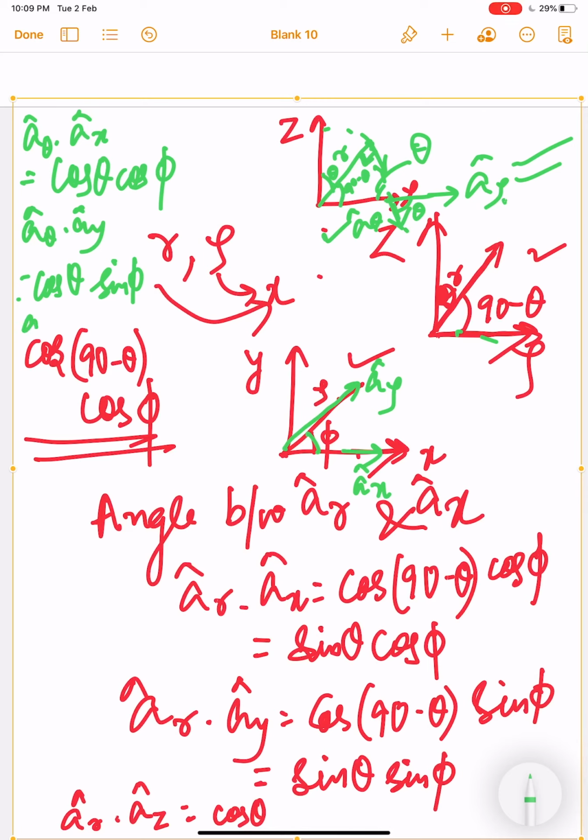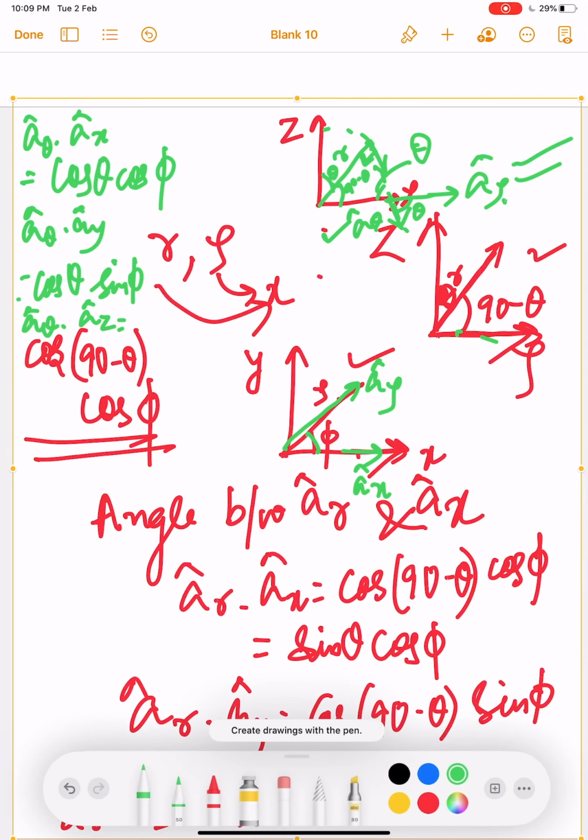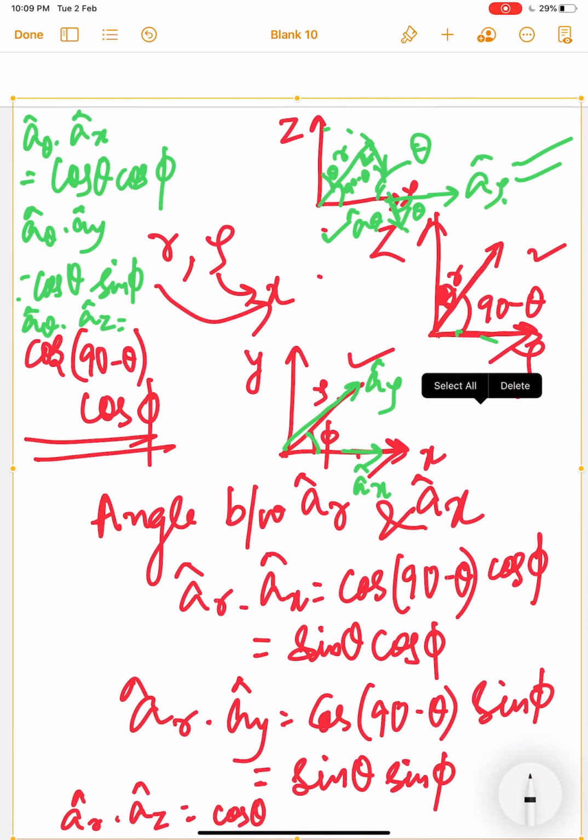And next thing that I need to take out is a theta dot az cap. See this angle, if I take it backwards, this is 90 degrees. This angle will be 90 minus theta, and see, my z cap is upwards and my a theta cap is in this direction.